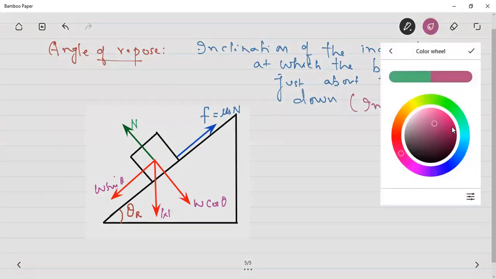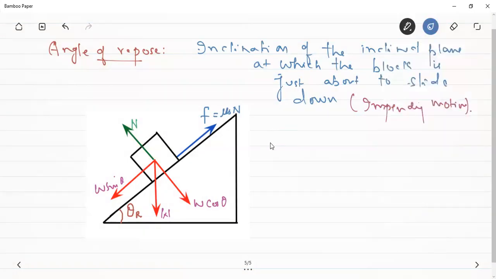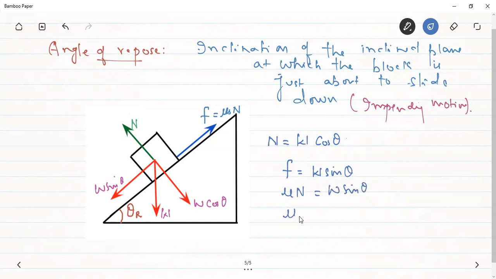We can see that the normal reaction will be equal to W cos theta, and the friction force will be equal to W sine theta, and this friction force can be written as mu N. This normal reaction is equal to W cos theta, therefore mu s times W cos theta will be equal to W sine theta.